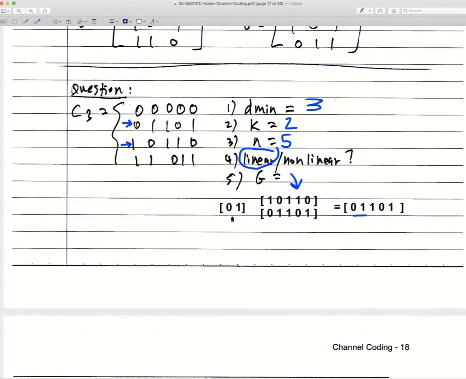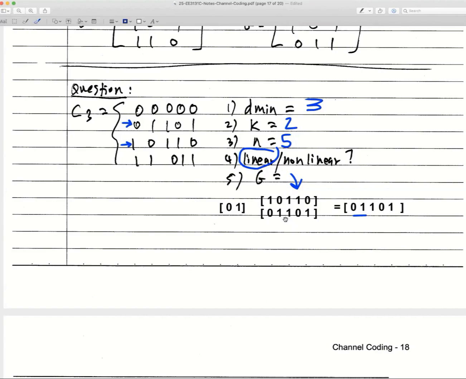Every time I look at 0, 1, or whatever, I'm taking all possible linear combinations of the rows of G. Either I take the row itself, which is 1, 0, 1, 1, 0, and that is a code word, so that corresponds to 1, 0. 0, 1 corresponds to 0, 1, 1, 0, 1. 1, 1 corresponds to the sum of these two, and 0 corresponds to 0 times each of the rows.